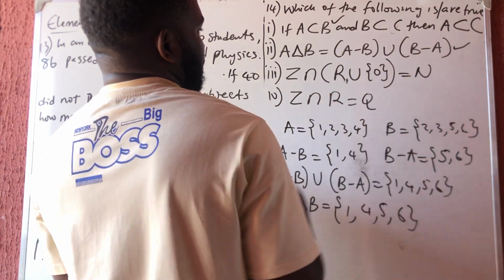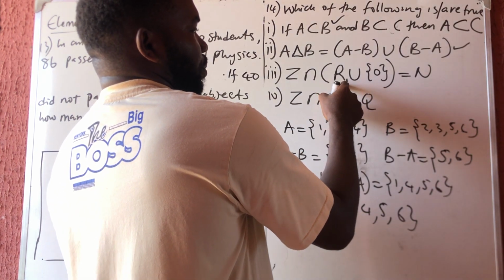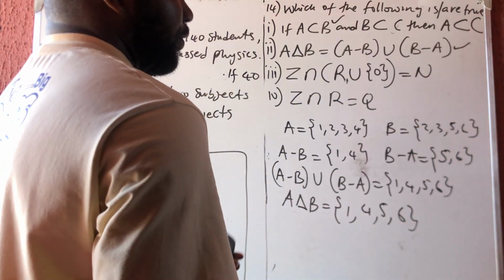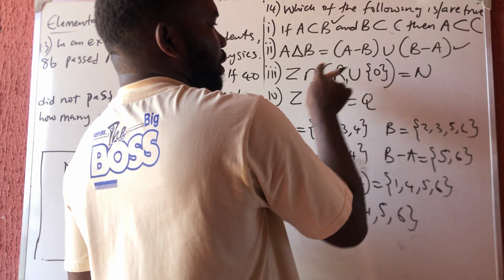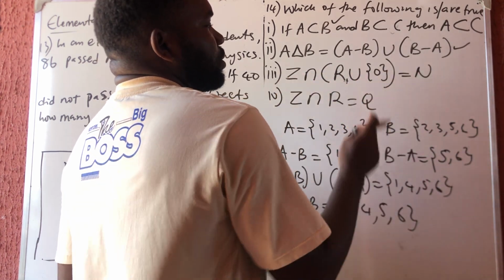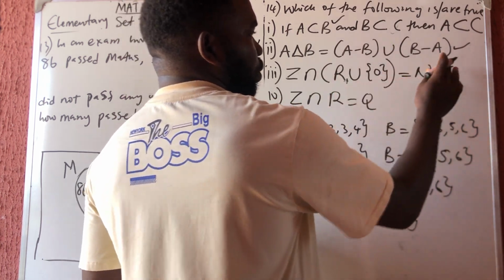No, this is not correct. If it is just positive natural numbers intersection Z, then it is the natural numbers. It's very, very correct, because this one is positive, and the positive side of this is called the natural numbers. But since 0 is attached here, this one is not correct.